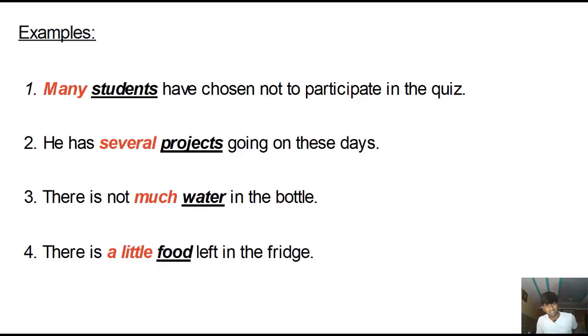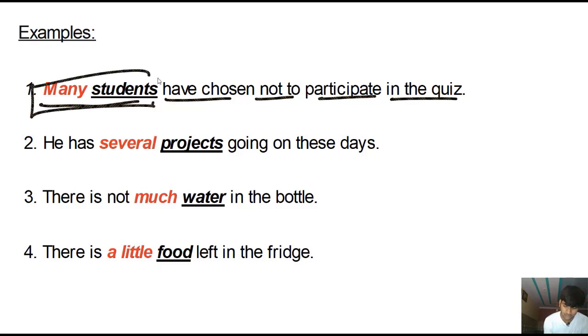Okay, let's take some examples and understand what quantifiers are and how to use them. Example number 1: many students have chosen not to participate in the quiz. Many students is the subject noun phrase; students is the noun, the head word, and many is a determiner, a quantifier. Many students is like a lot of students, but we do not know the exact number.